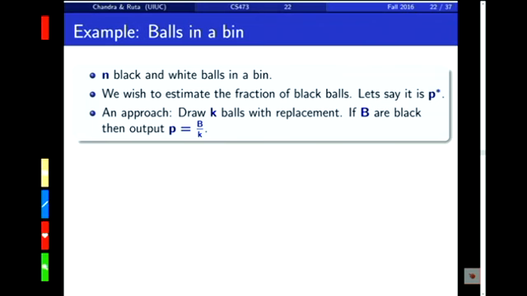Suppose you pick a white one. Now again you sample and you don't put it back. You put it aside. Now you sample. What is the probability that it will be black? 1. So it changes the probability.